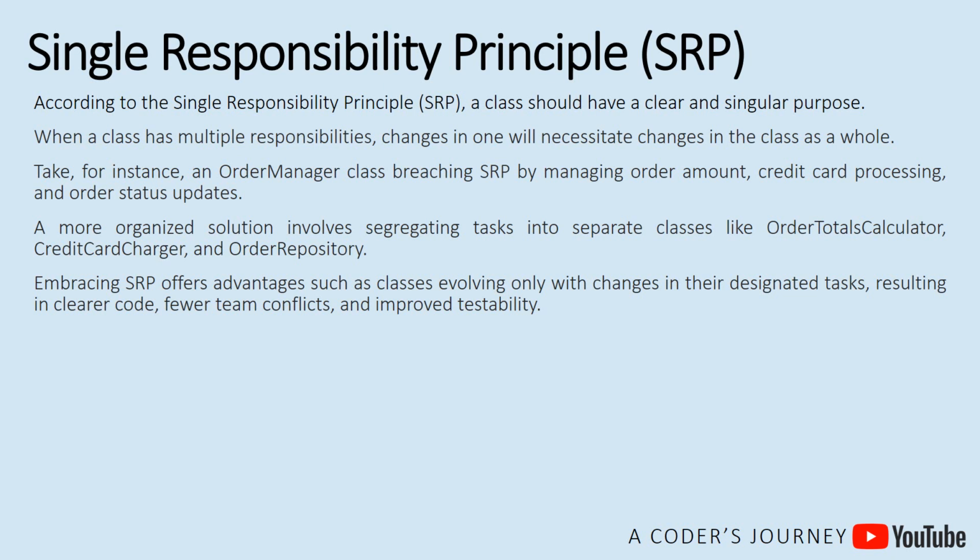Whenever your classes follow the single responsibility principle, this change propagation doesn't happen. So whenever you want to make some changes, you do not need to make multiple changes in different parts of a class. This is the first benefit.